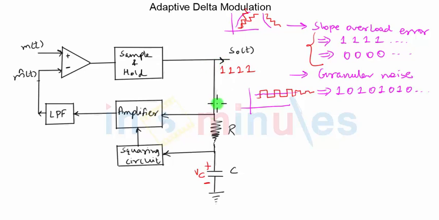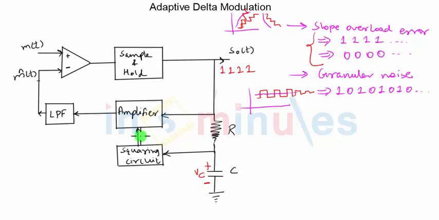This SOT, which is the ones and zeros at the output side, is given to an amplifier, and when the amplifier output is passed through the low pass filter, it generates MCAP-T, which is a step-like structure. Earlier, without this RC circuit, we would get MCAP-T with constant step size. Now because of this RC and the squaring circuit, the squaring circuit will give you an increased value of VC and it is given to the amplifier.